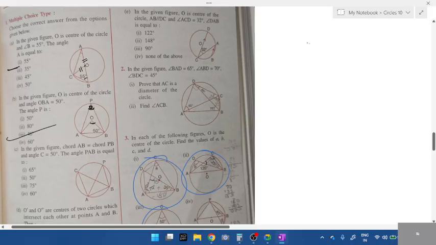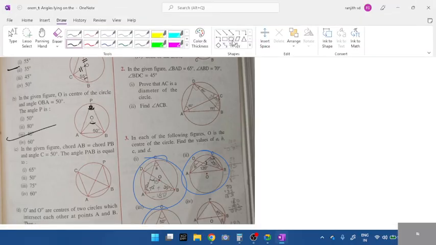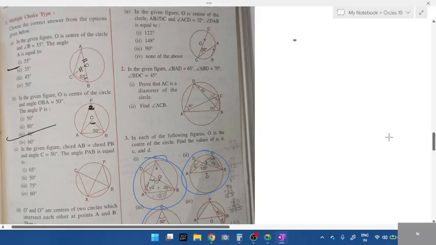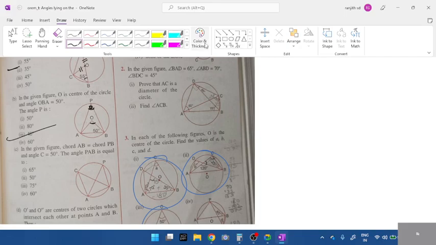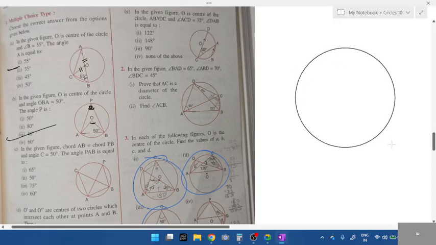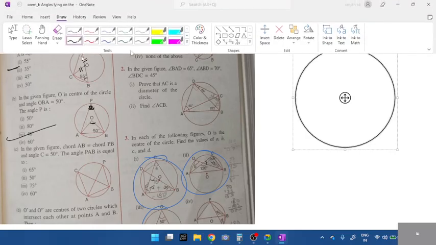Question B is done. Question C. We'll do question C, an MCQ question. Can you all try the question C, all of you?